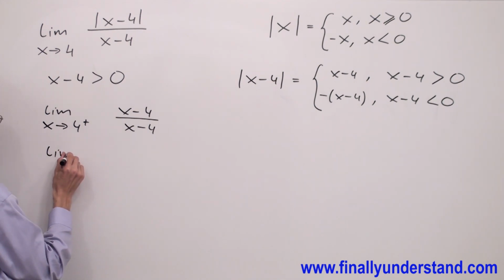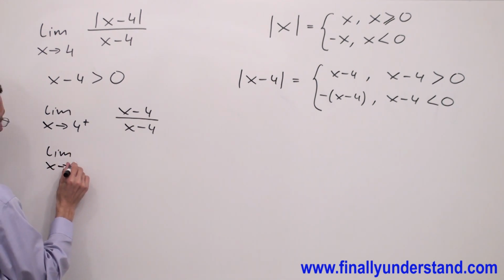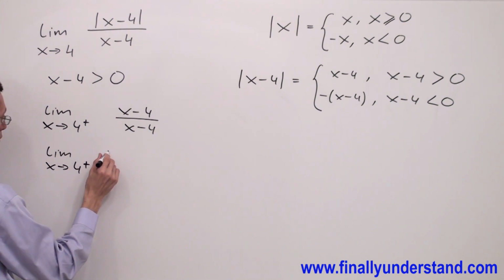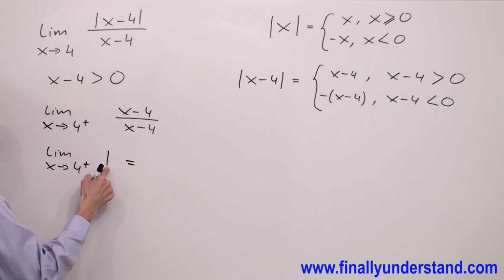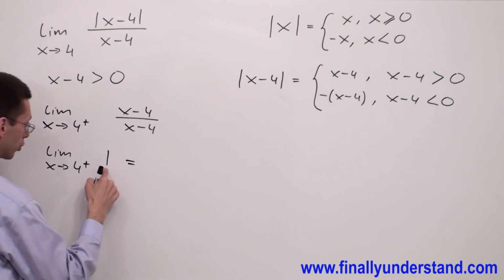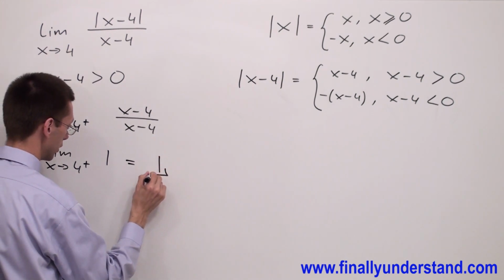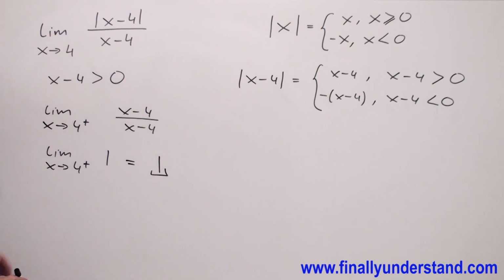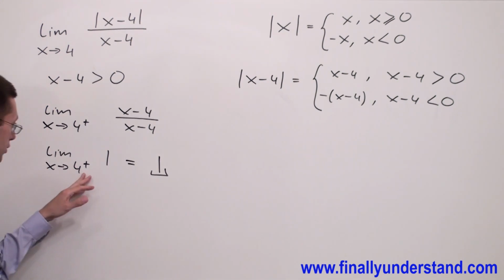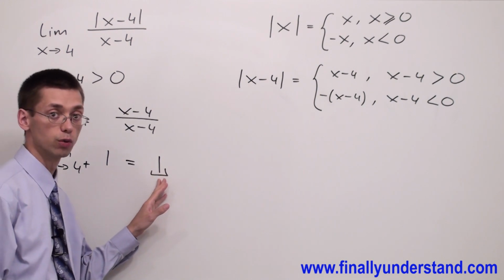So I have the limit as x approaches 4 from the right side of 1. The limit of a constant is equal to the constant. That's why this is equal to 1. So the limit as x approaches 4 from the right side, in our case, is equal to 1.